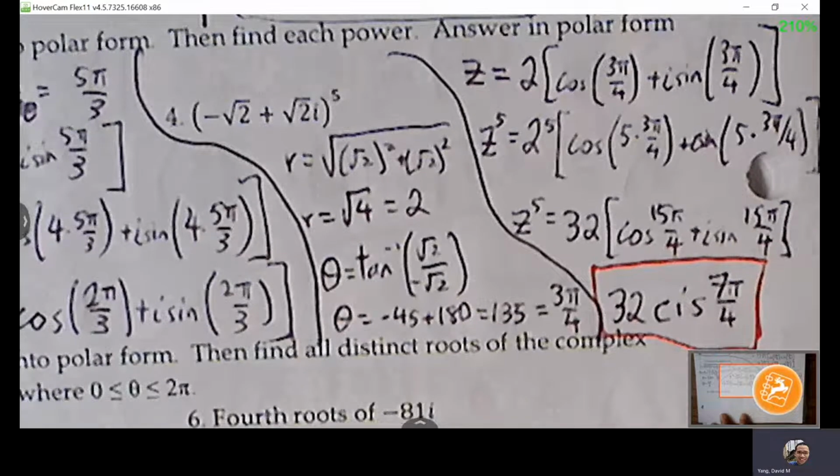Again, 15 pi over 4 is outside my 0 to 2 pi interval, so I can just subtract 2 pi from that fraction, and it'll get me down to 7 pi over 4.